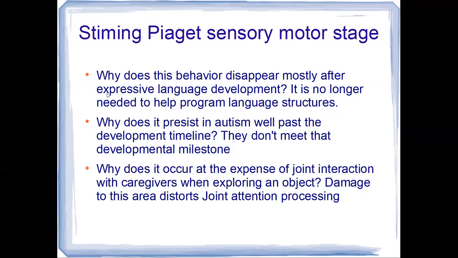It's a reflexive behavior that helps program sensory schemes and is involved in this kind of reflex loop to help program and lay the foundation for these areas to be able to function properly as an adult. Why does it persist in autism? Because they haven't met that developmental milestone, and so that behavior is still needed to program Broca's area once they practice speech and things.